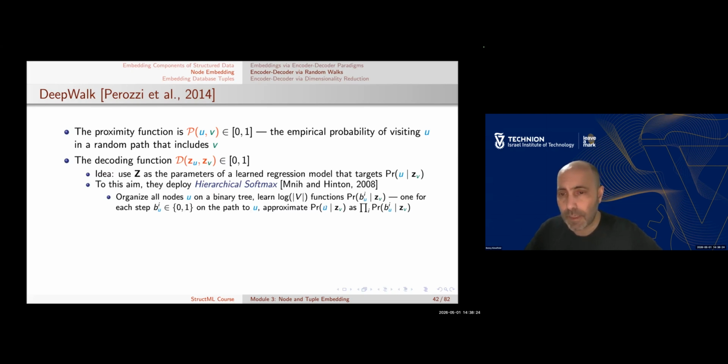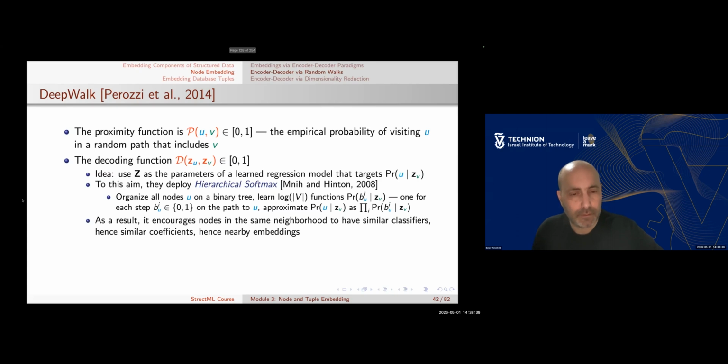Then the probability of visiting U given the embedding of V is the product of the different steps given ZV. That's the model. What is it gaining? It encourages nodes that have the same neighborhood to have similar classifiers, similar probabilities of U given ZV.